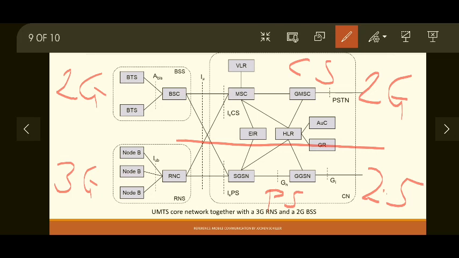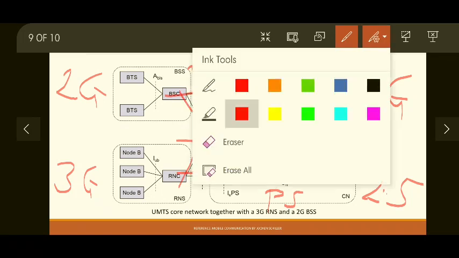If you see, MSC is connected to BSC as well as it is connected to RNC. The interface is different. To connect to BSC, the interface is A. To connect to RNC, the interface is IuCS. CS stands for circuit switching. Similarly, SGSN also supports BSC and it also supports RNC.